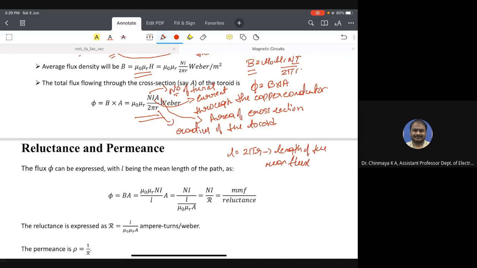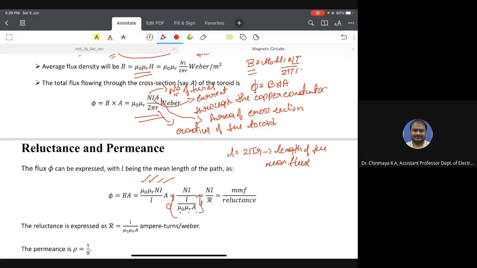So this phi can be written as mu naught mu r into N into I divided by L, where L is the length of the mean flux. This can be further written as N into I divided by the term L divided by mu naught mu r into A.